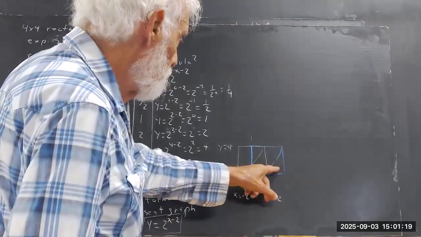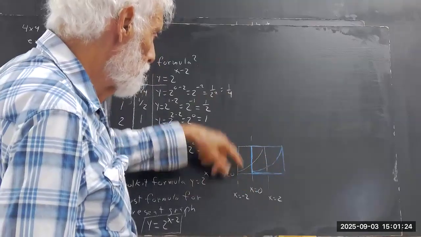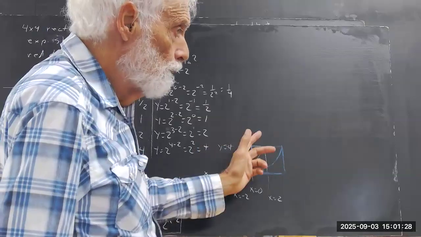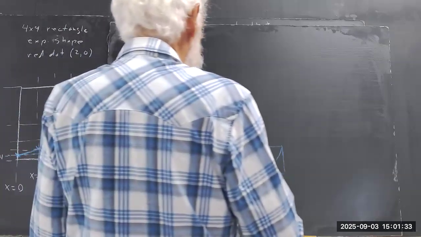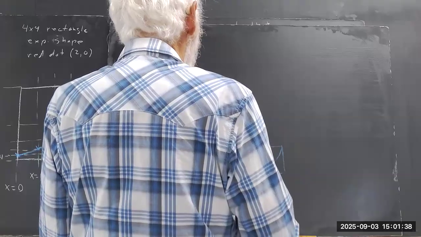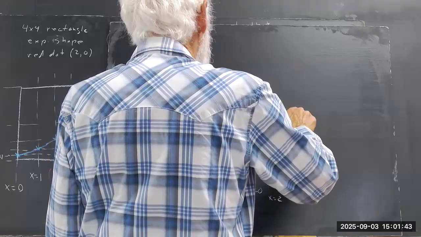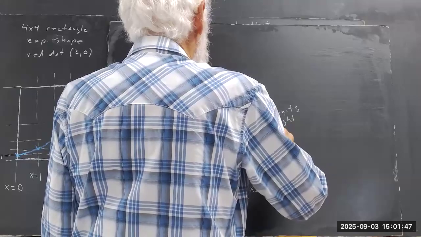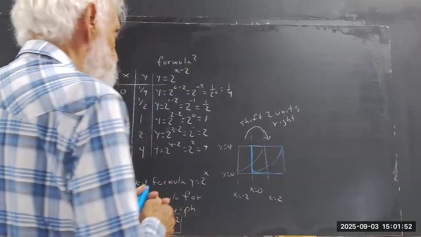Okay, this graph looks just like this one. It doesn't, because I didn't do a good job of drawing it, but this graph is just this graph shifted 2 units to the right. So we shift two units to the right, and we get the blue graph.